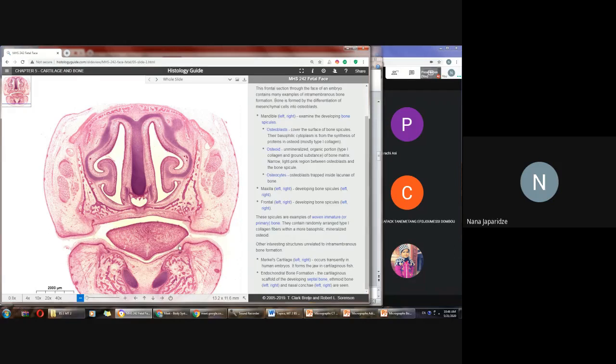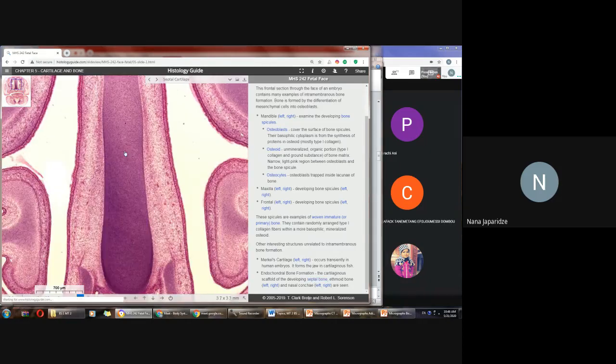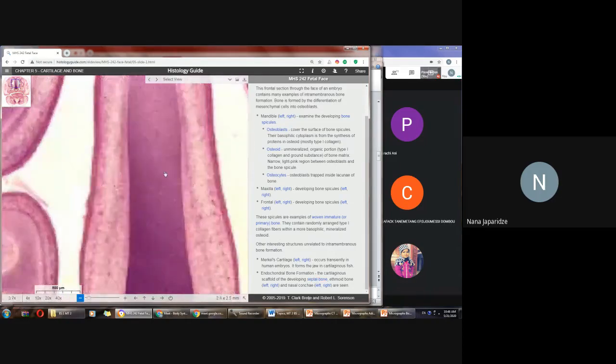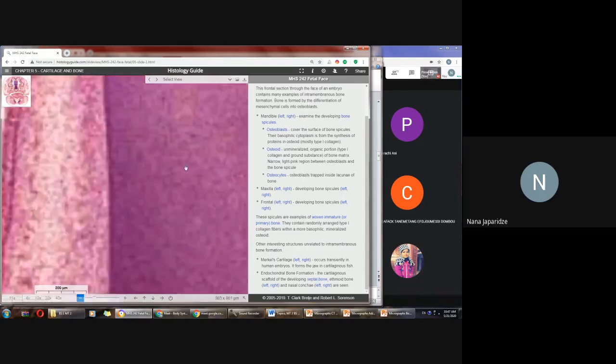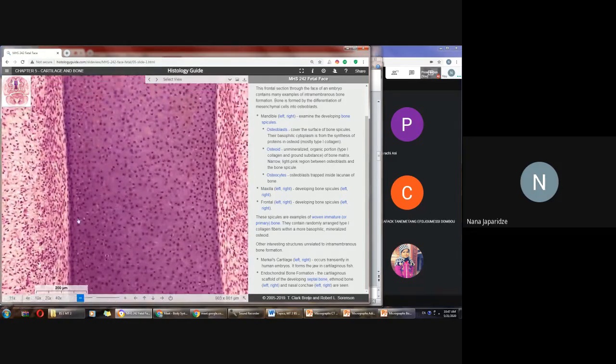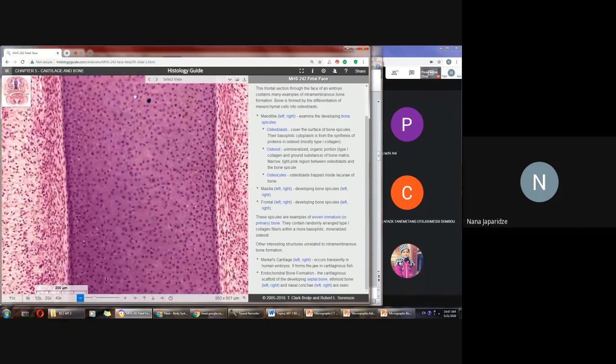So look here, we have cartilage, as I have already shown you, and later this cartilage will be transformed into the bone.